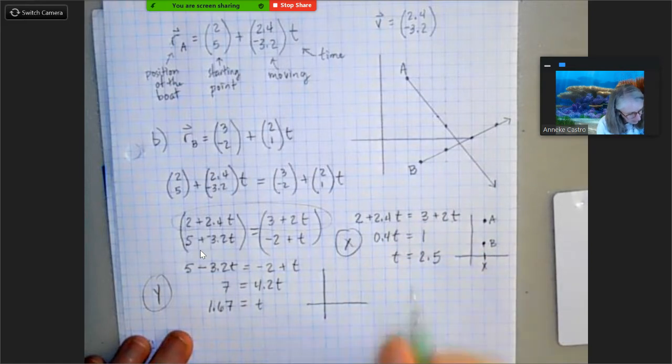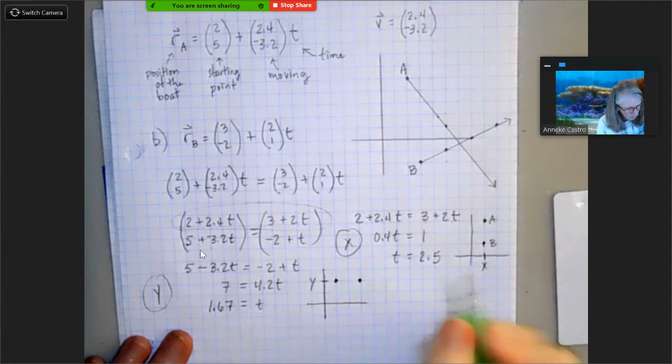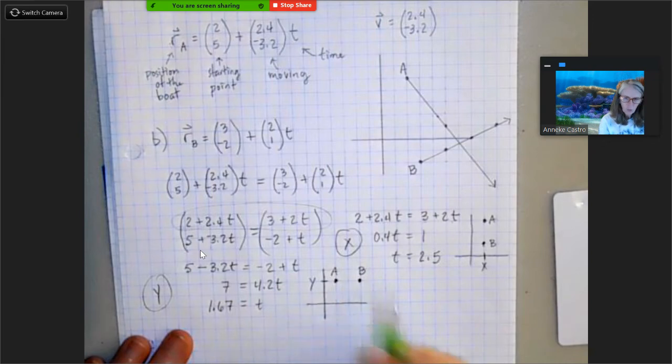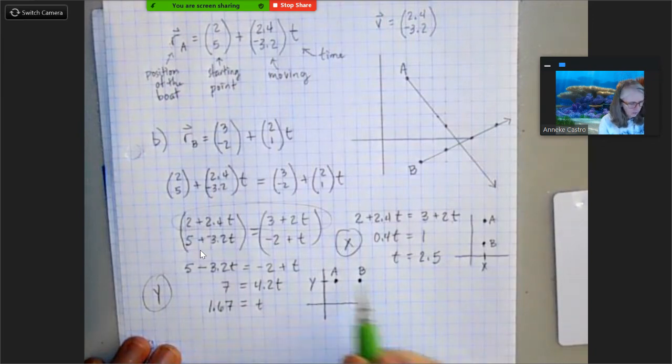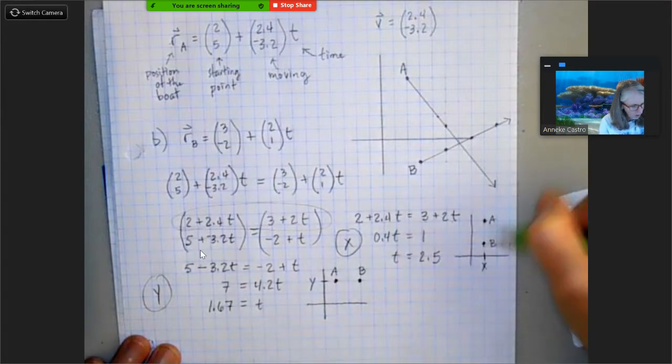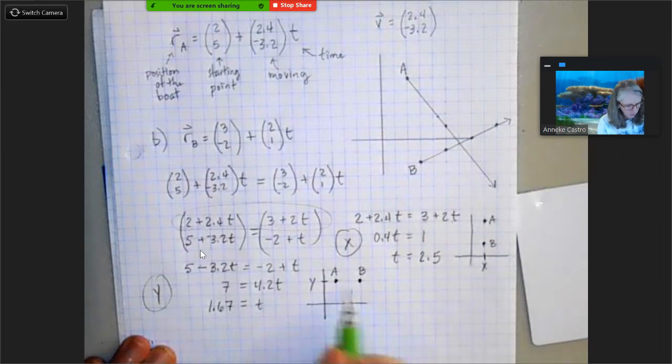So when they have the same y component, it's going to be like this. They're going to be east and west of each other, okay? One of them is going to be east of the other. So when the x components are the same, they're going to be lined up north-south, and if the y components are the same, they're going to be lined up east-west.